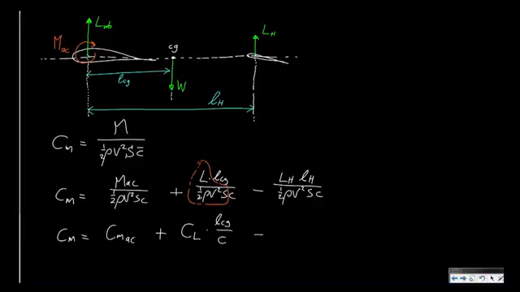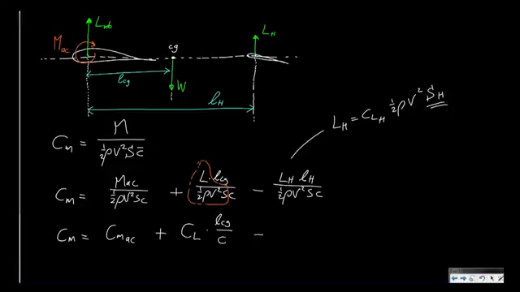And then here, well, this is slightly more complex. We cannot easily do the same trick because LH is CLH, the lift coefficient as given for this surface. But of course, this was calculated for this specific area. So it's half rho v squared SH.